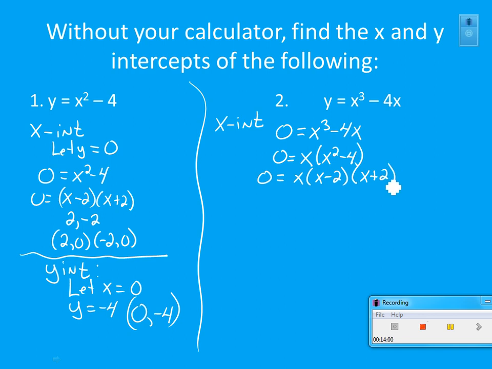In this case, there's going to be 3 x-intercepts. One's going to occur at 0 because I got an x right there. Another's going to occur at 2. Another's going to occur at negative 2. In terms of an ordered pair, (0, 0), (2, 0), (negative 2, 0).